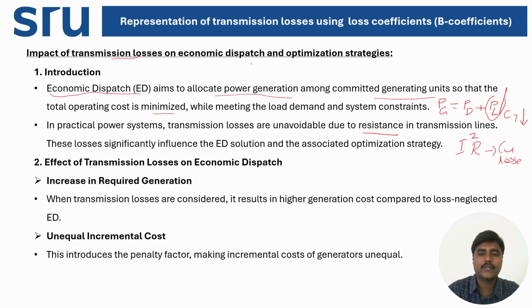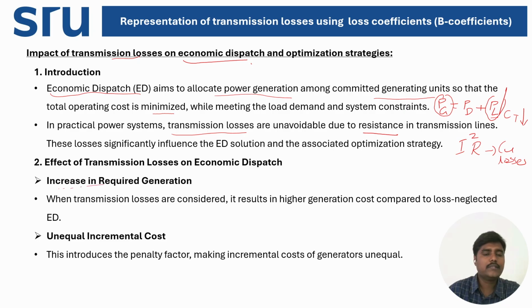So you cannot neglect transmission losses in economic dispatch, because our total power generation should also cover the transmission losses apart from serving the total load demand. How these transmission losses affect economic dispatch, we can see now.